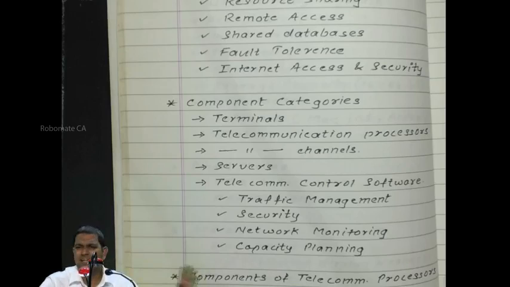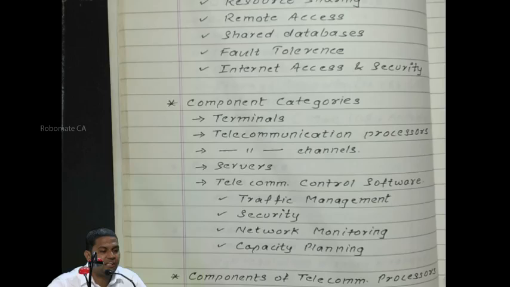These are the basic things that we see. But whenever we are going for computer networks, there are some more components required so that these computers can be connected with each other very well. And these extra components that we are discussing come under component categories.